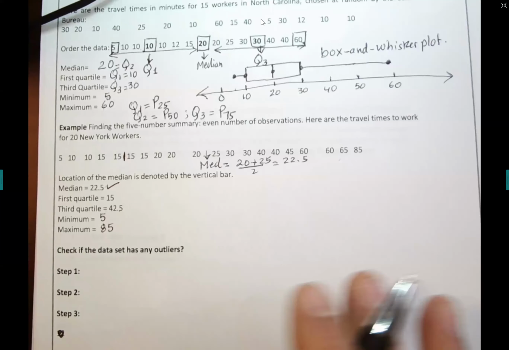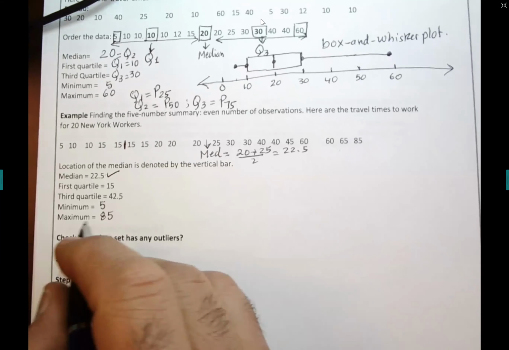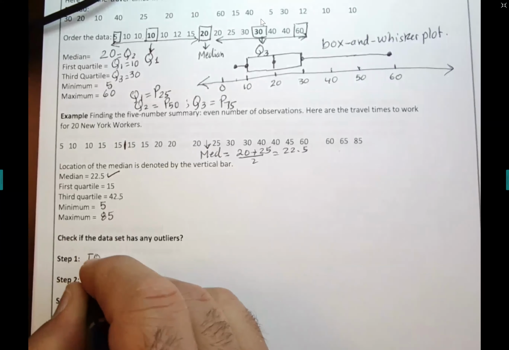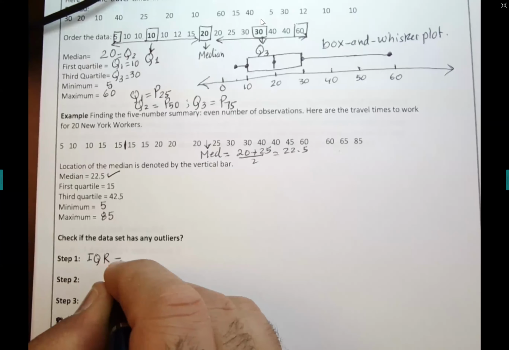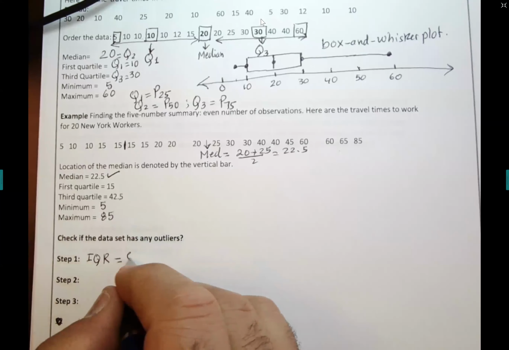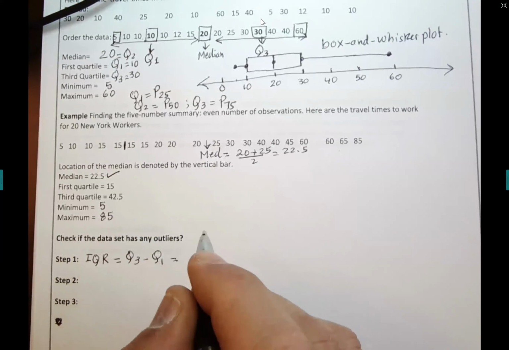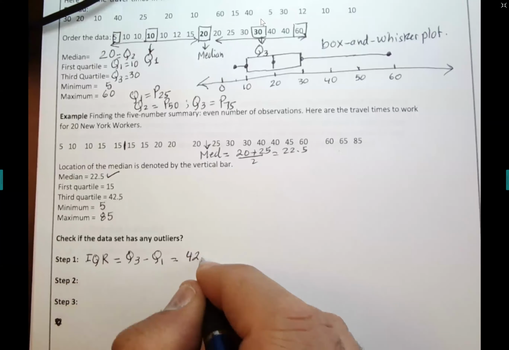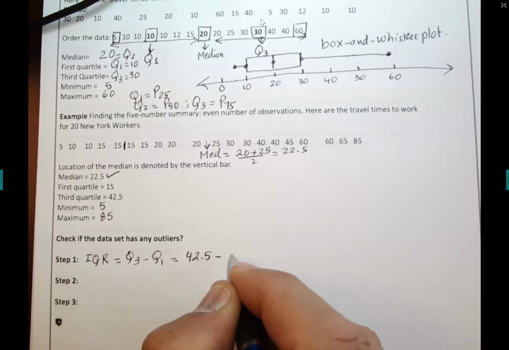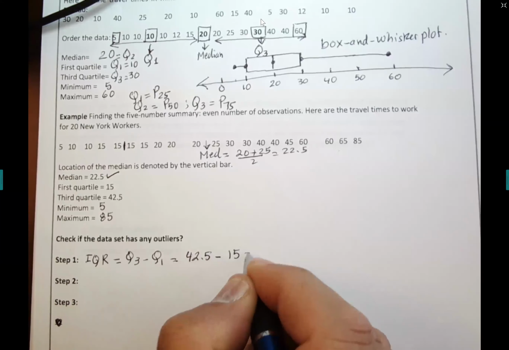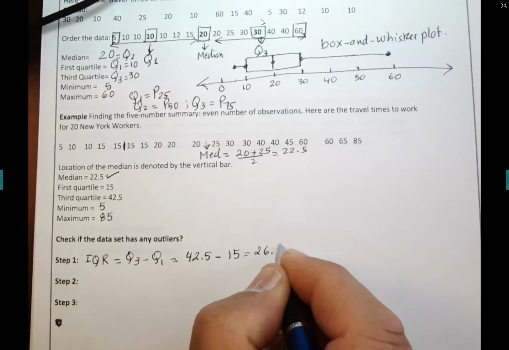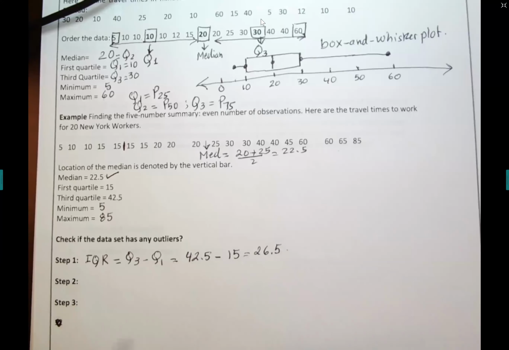All right. Step 1, find the IQR, which is Q3 minus Q1, which is 42.5 minus 15, which is 27.5. Good, that's the first step. You always have to begin with this one.